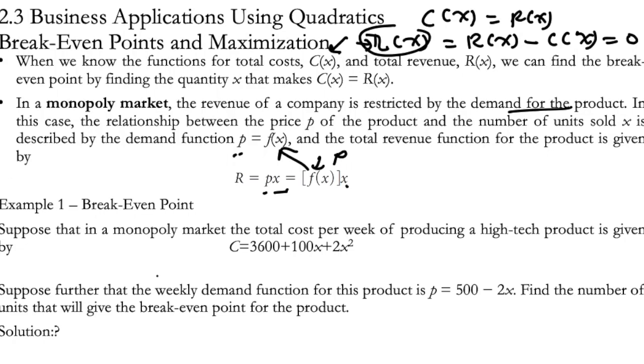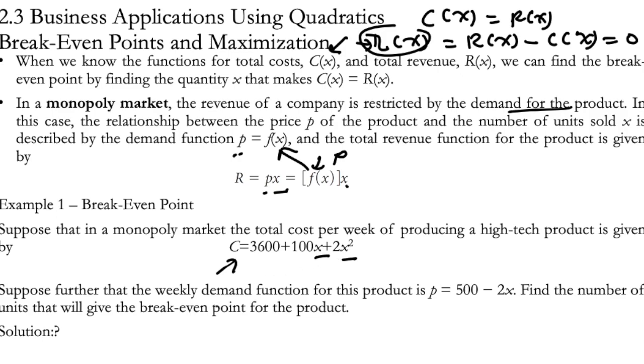Now suppose that for a monopoly firm, the total cost per week of producing a high-tech product is given by this. You can see the cost function here is quadratic, because the highest power here is a square for the variable x, the quantity of product produced.